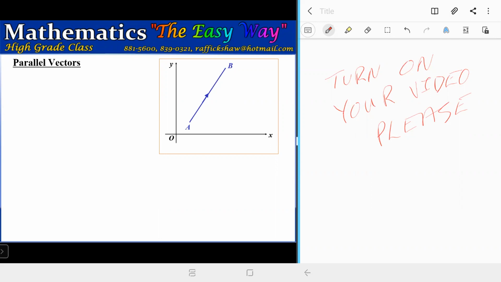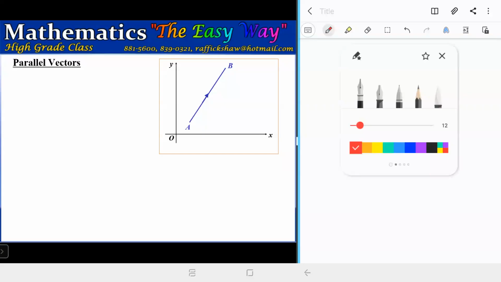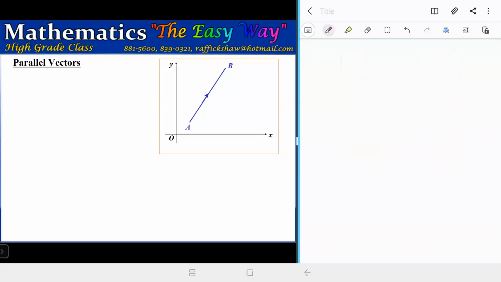The first thing we're doing today is what we have on the screen there, which is parallel vectors. They'll test us on parallel vectors for sure. What are parallel vectors? Parallel vectors go in the same direction, but they don't have to have the same length. So really, it comes down to a length relationship.